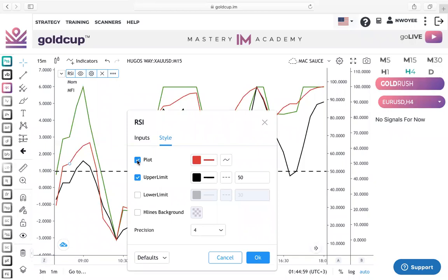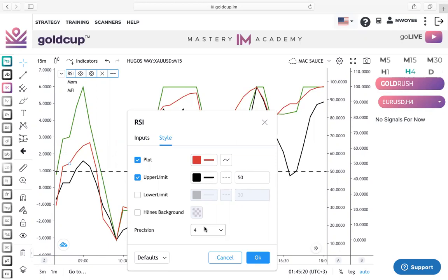The plot is checked. The upper limit is checked. The plot is red. The upper limit is black. And beside the upper limit, it says 50. And I'm going to show you where all of this is at. The bottom two are unchecked, and the precision says 4.